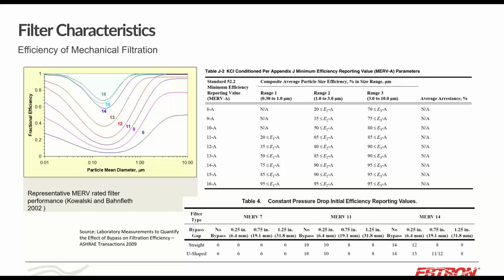We have to ensure that the filters are well fitted for the filter holder, and that they're tight and there's nothing obstructing them, because a small bypass going around the whole circumference of a filter that equates to 0.75 of an inch can take a MERV 10 and bring it down to a MERV 8. So it's very important to ensure that maintenance is maintained, it's a good fit, and the right filters are used in this process.